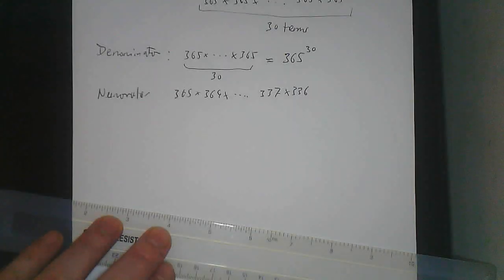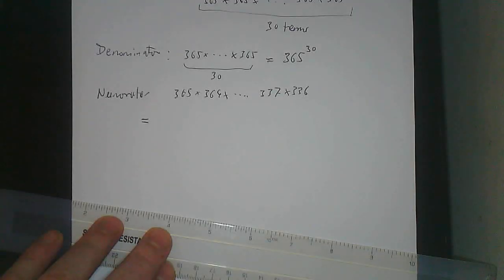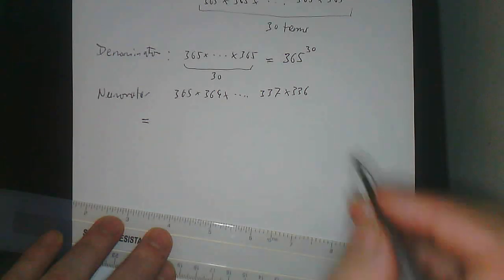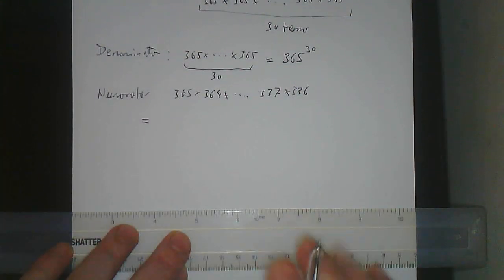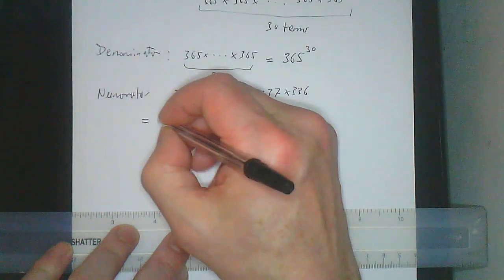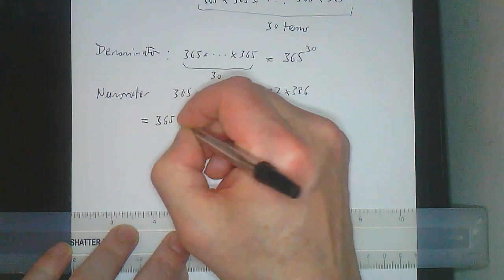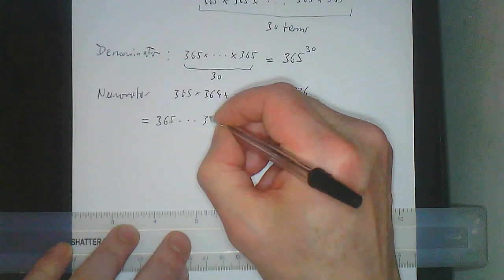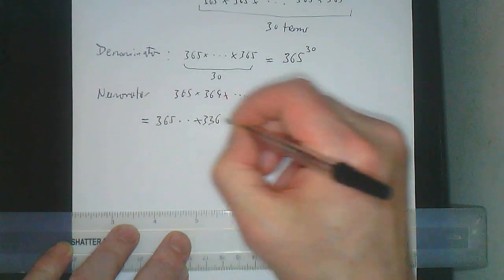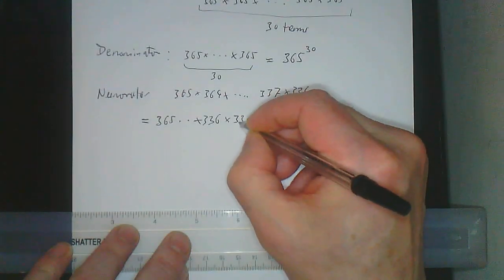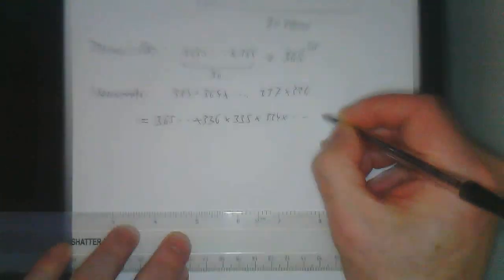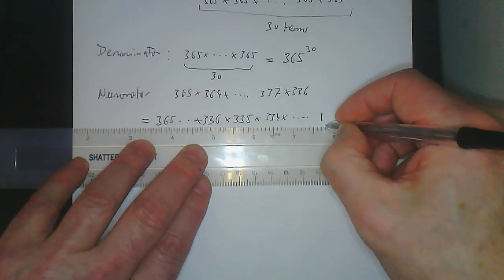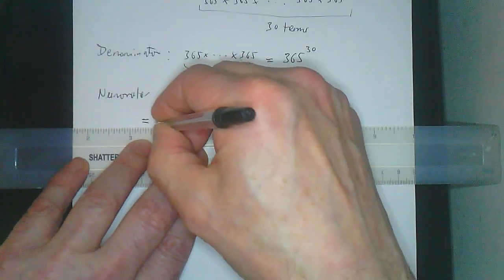Now, why don't we rewrite it in a way that the calculator can understand, using factorial notation. On the top we've got 365 dot dot dot down to 336, and then why not multiply this by 335 times 334 times dot dot dot all the way down to 1. And if we do that to the top, we need to do the same to the denominator.